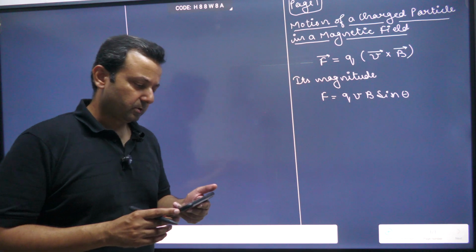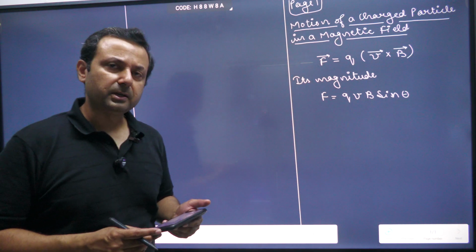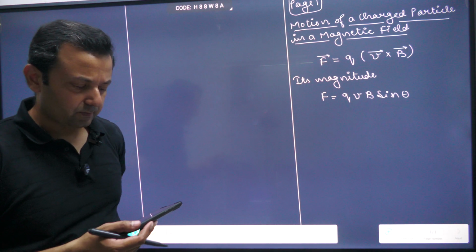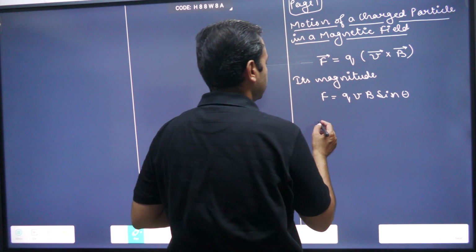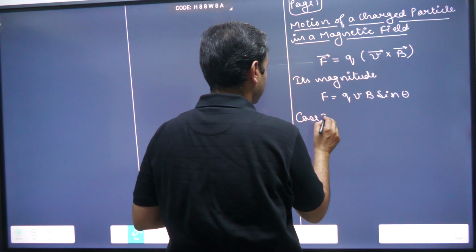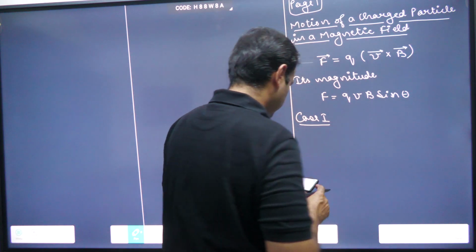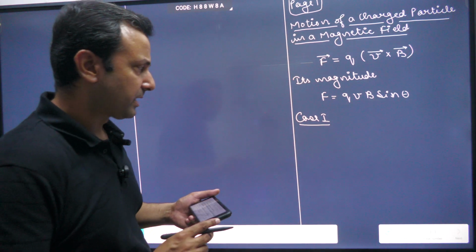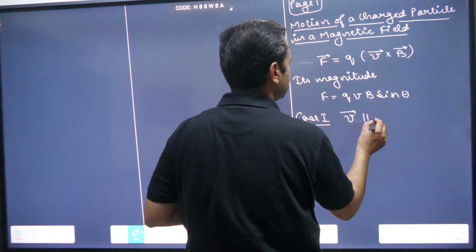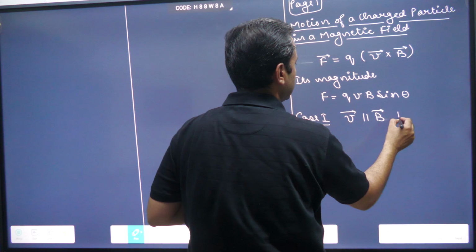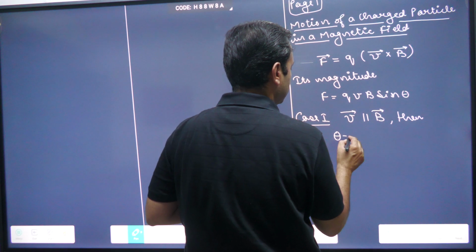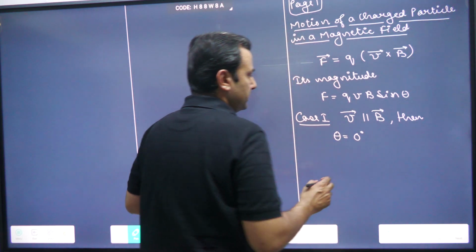Now, please come on to page number 26. The following three cases are possible. First case, when the initial velocity is parallel to the magnetic field, means this v vector is parallel to the magnetic field, then theta is equal to 0 degree.